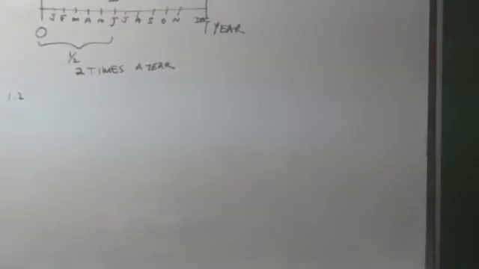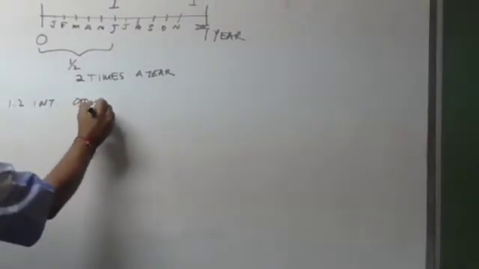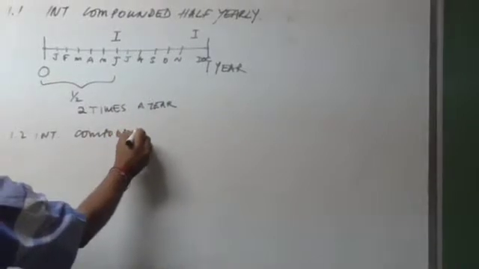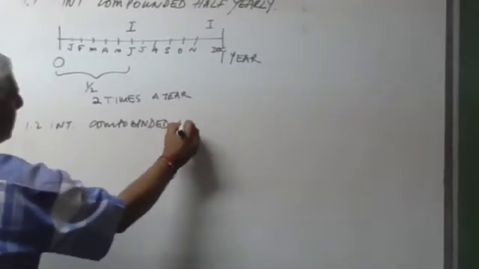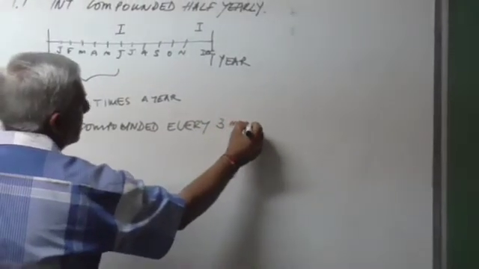Let's do the next one. 1.2. Interest compounded every 3 months.